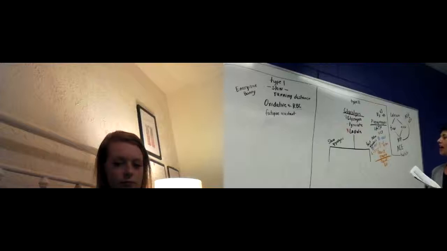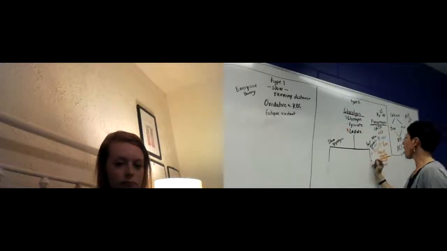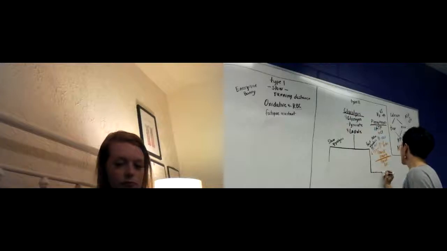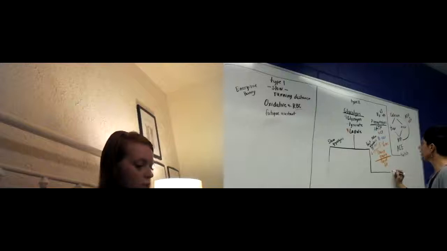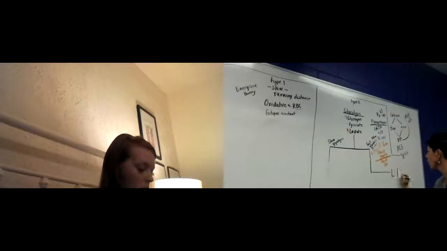So again, this would be your power clean and your strength training right there. Now a couple of things start to take place. If your intensity level is still this high, you are all of a sudden going to reach your what? Lactate threshold.